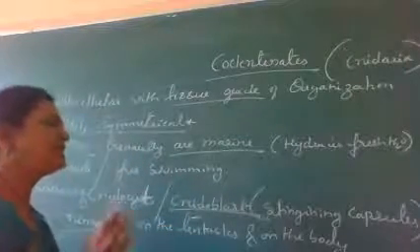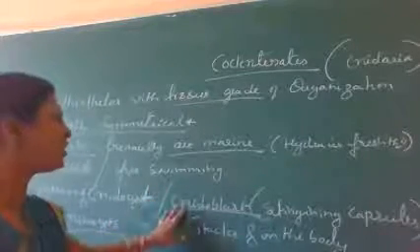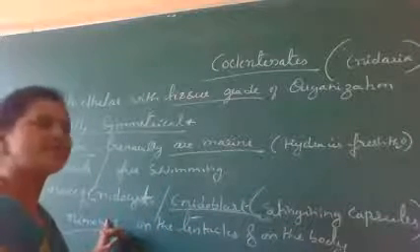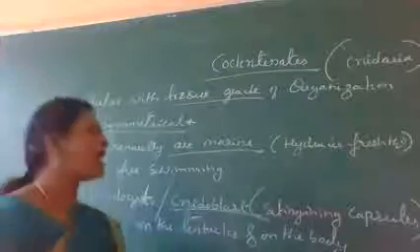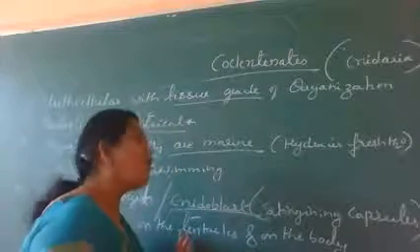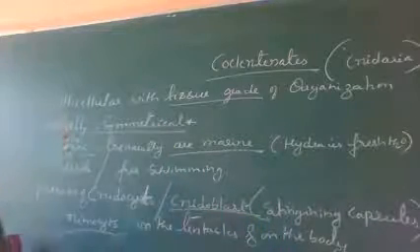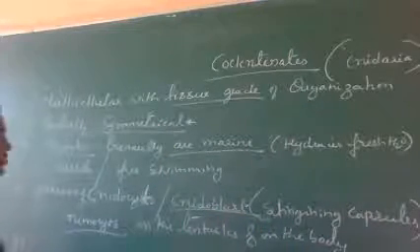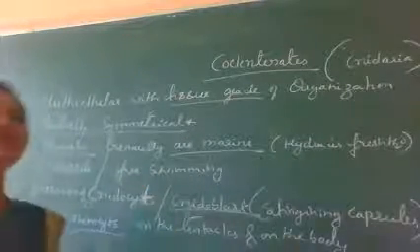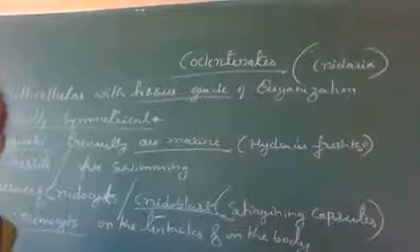Because of the presence of stinging capsule cells called cnidocytes or cnidoblasts, which contain nematocysts, present on the tentacles or on the body. There is a difference between cyte and blast. Blast is an immature cell and cyte is a mature cell.